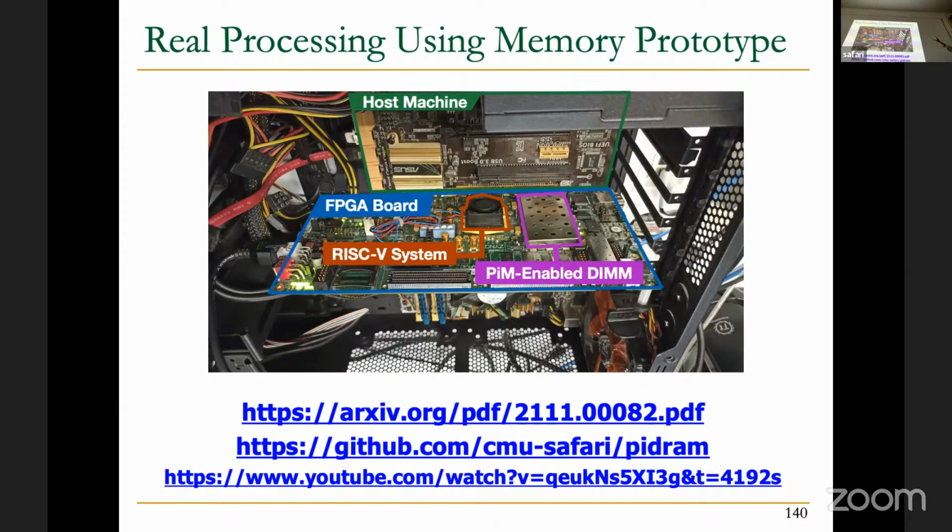In reality, it's a conventional DDR3 DIMM where we were able to activate two rows back to back in the same subarray in order to perform this RowClone operation, all of that commanded by the RISC-V system in the FPGA.